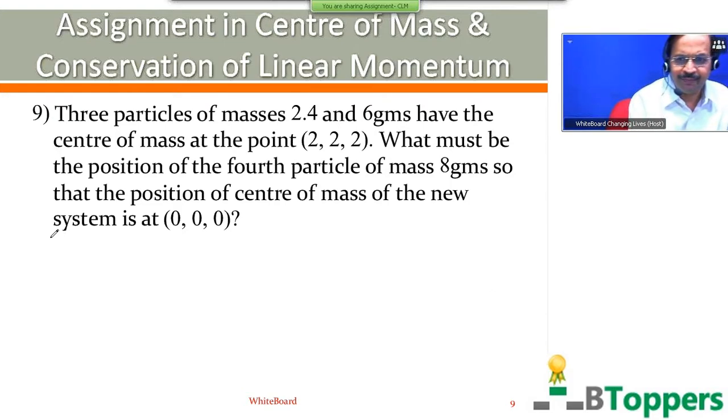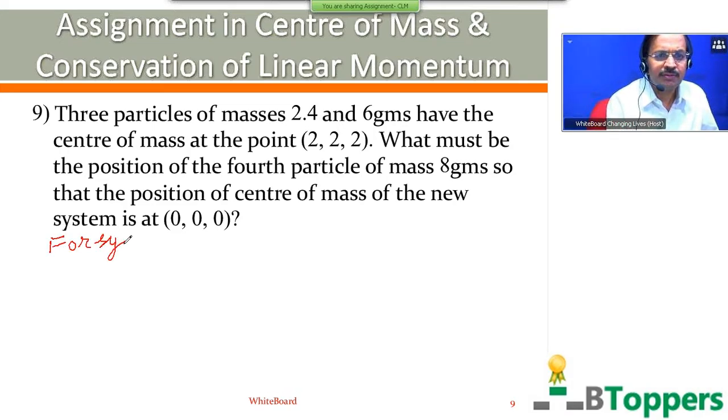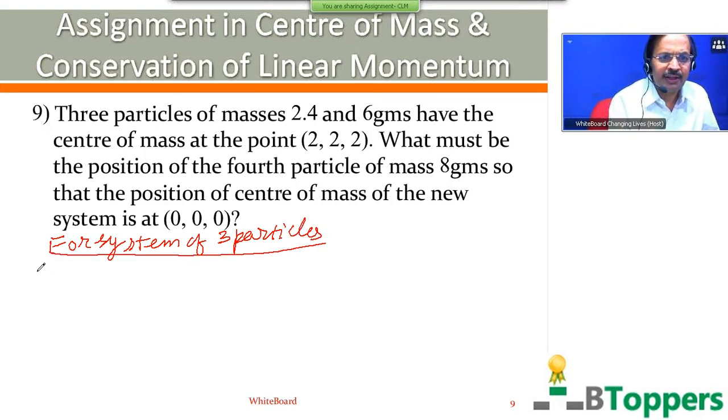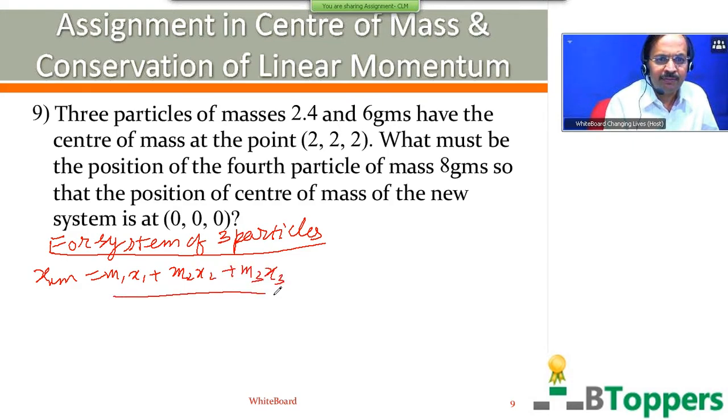So in the first case, for the system of three particles, the X coordinate of the center of mass can be written as M1x1 plus M2x2 plus M3x3 by M1 plus M2 plus M3.